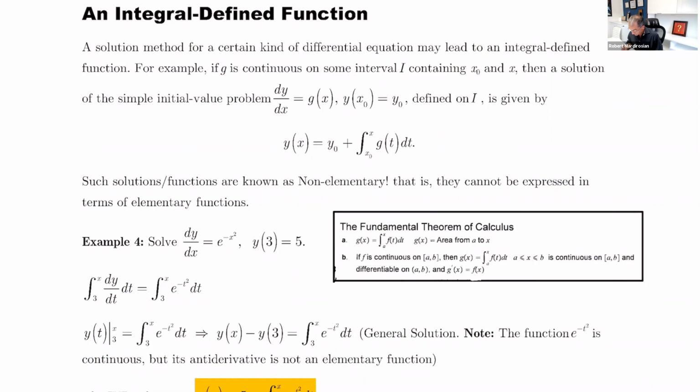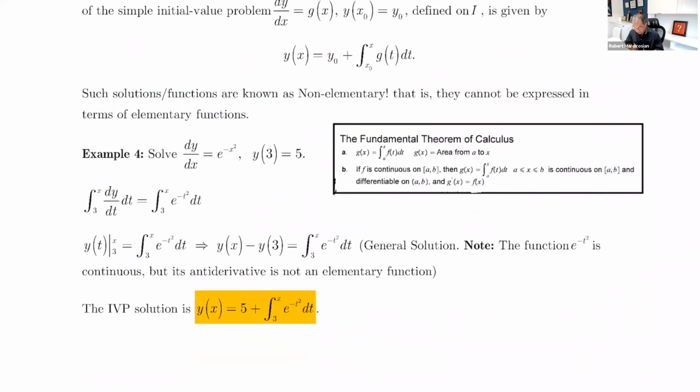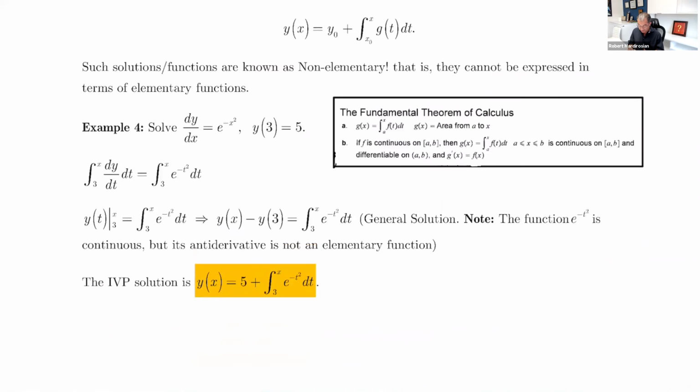Note the function e to the power of negative t squared is continuous, but its antiderivative is not an elementary function. So basically, we have y of 3 equals 5, then you can substitute y of 3 by 5, and this gives you the solution, which contains an integral and is not simple to solve. It's not an elementary function.